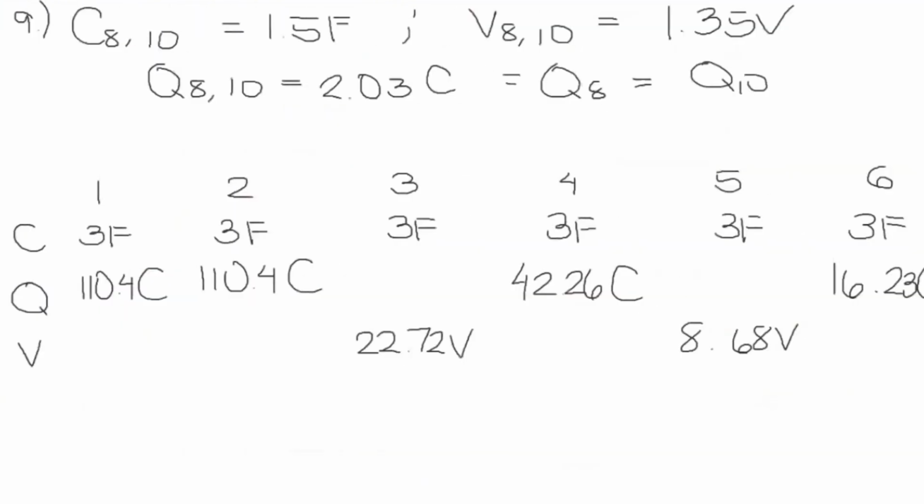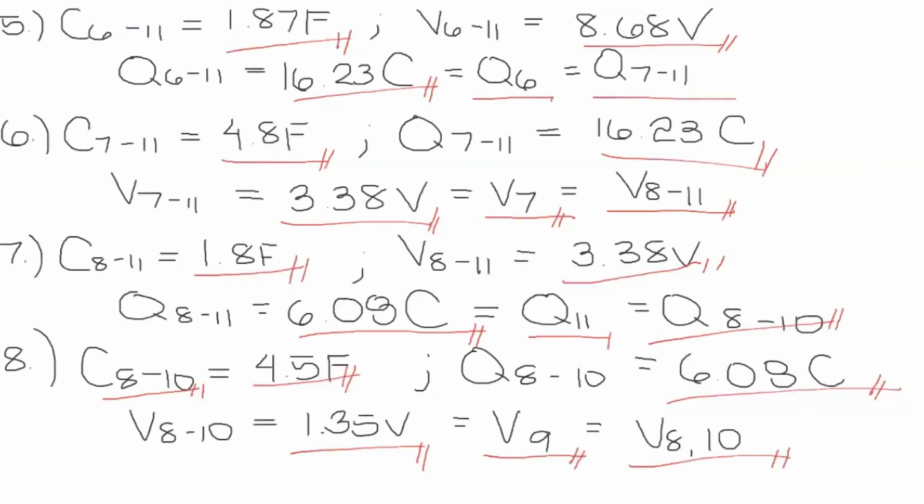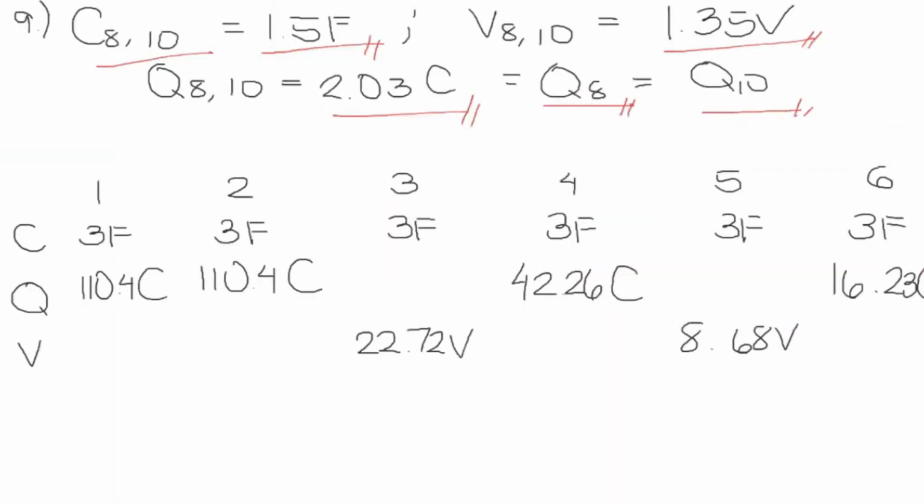Now, lastly, for our C8, 10, it is 1.5 farad, and our voltage from the previous solution is 1.35 volts. And the answer for the product of this is 2.03 coulombs, which is equivalent to both our Q8 and our Q10. Now, putting everything that we've gathered from this solution, we will simply put it in our table for organized purposes.